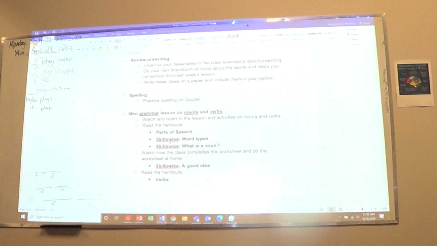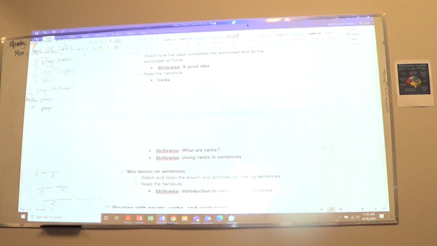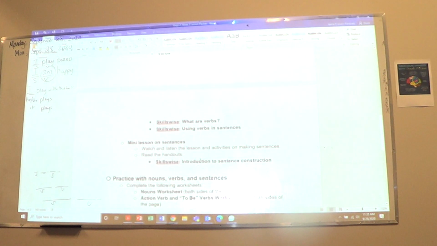Parts of speech, word types, what is a noun. Watch how the class completes the worksheet. That was the one where you put in the nouns, right? Did that together. Read the handout on verbs. What are verbs? Using verbs in sentences. So you have all those handouts. Mini lesson on sentences. That's what we just did right now. And I've given you some handouts on sentences as well.